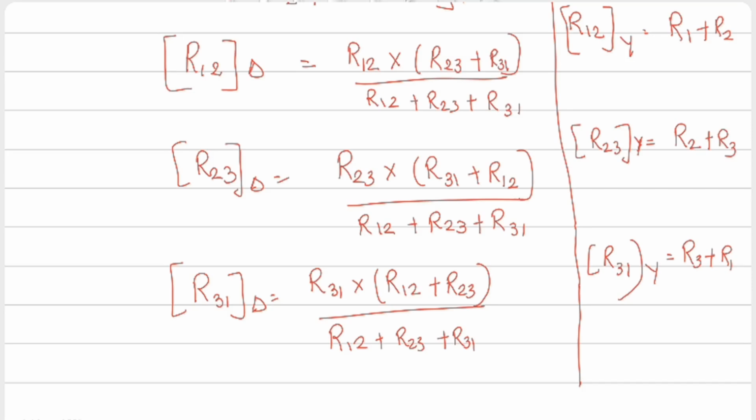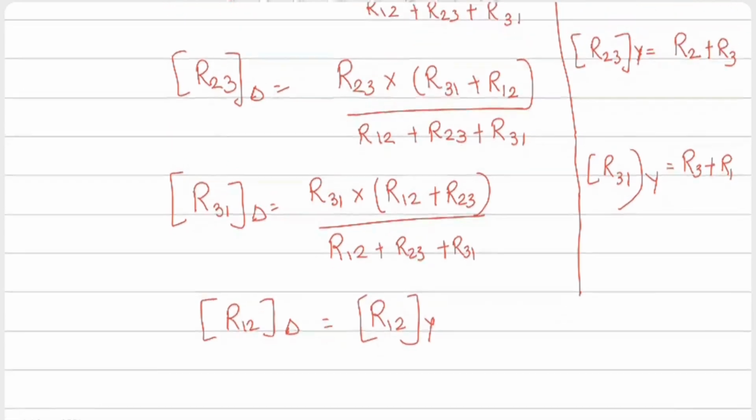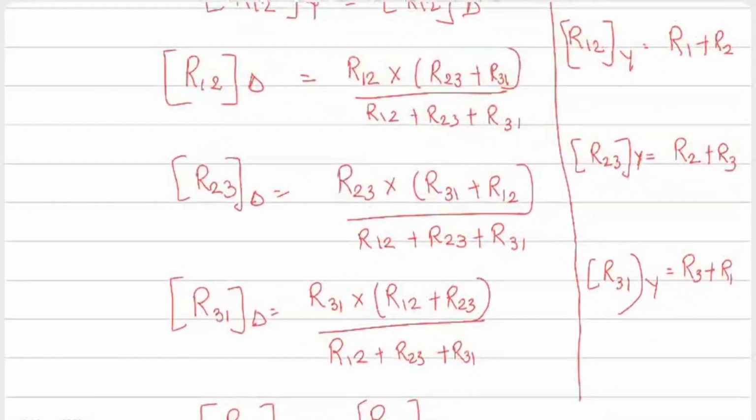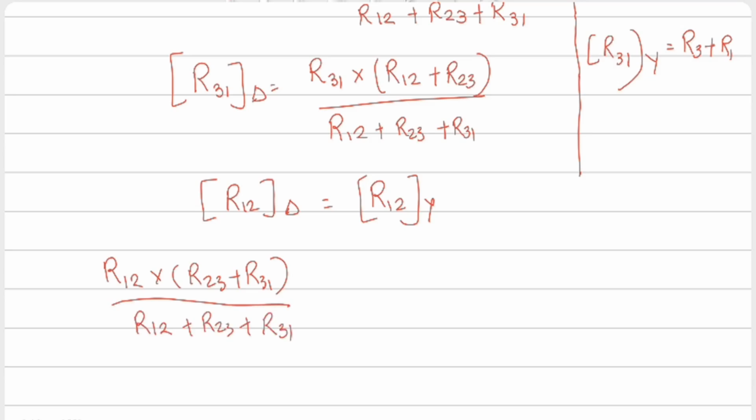Now if we equate the equation of R12 delta to R12 star, then R12 into (R23 plus R31) divided by R12 plus R23 plus R31 equals R1 plus R2.